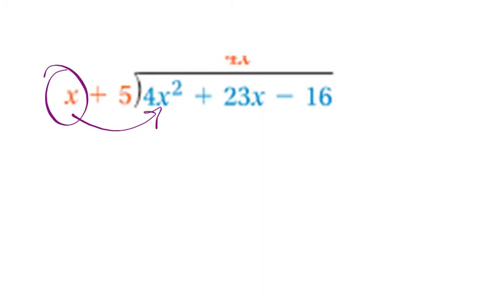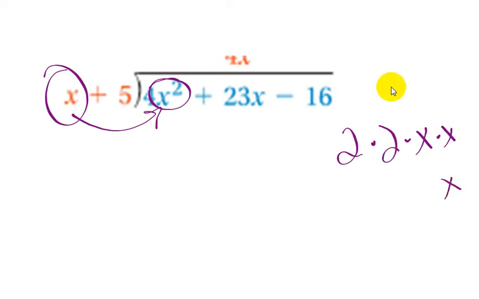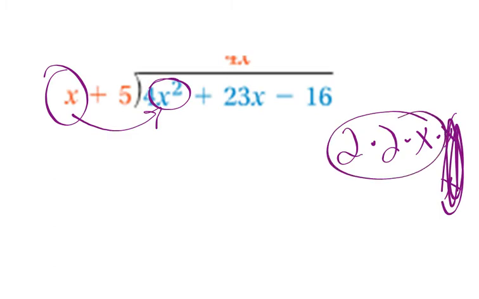What is 4x squared divided by x? Or what if I take 1x out of this? What's left over? Let's look at it that way. 4x squared is just 2 times 2 times x times x, that's your prime factorization. I'm going to divide out of it an x, take out an x. What's left over? 2 times 2 times x, which is 4x. Everybody see that?